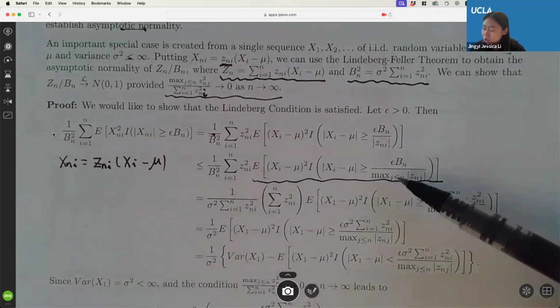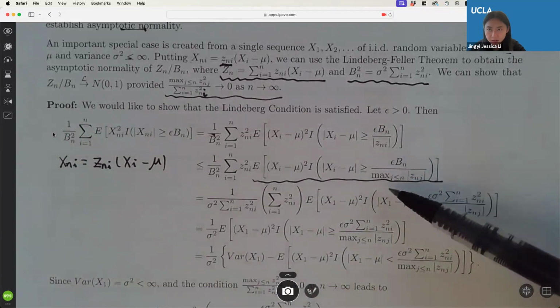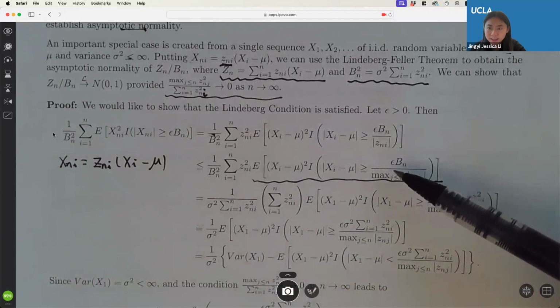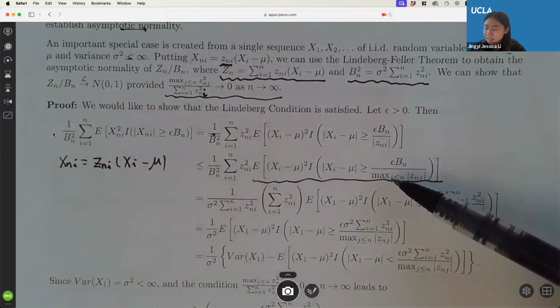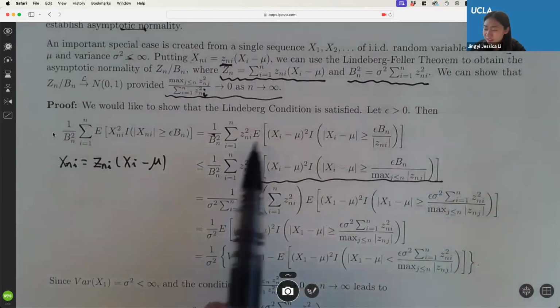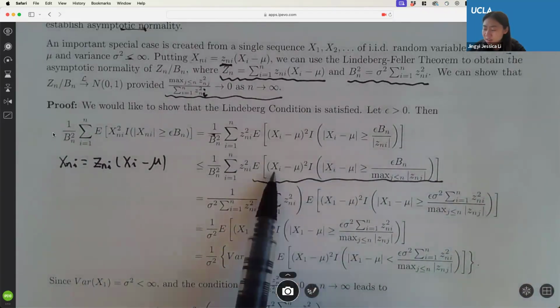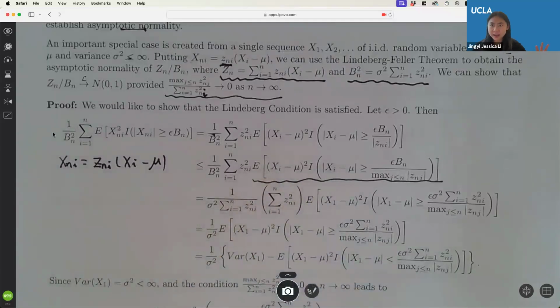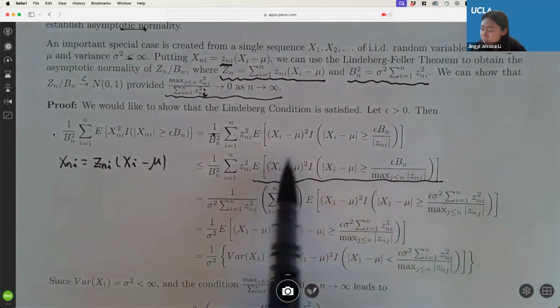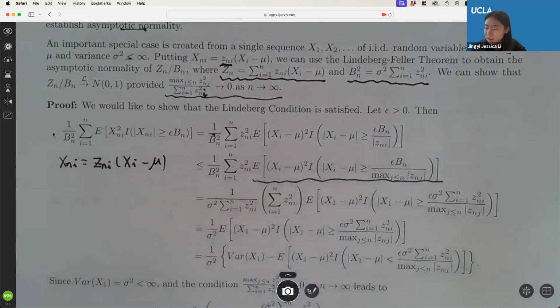And now we change the lower bound in the indicator function to be a common one, not specific to i. Then essentially it's the same function applied to each xi. So no matter what we have here, since they are IID, their expectation will be the same. So with this expectation staying the same for each i, we can get it out of the sum.